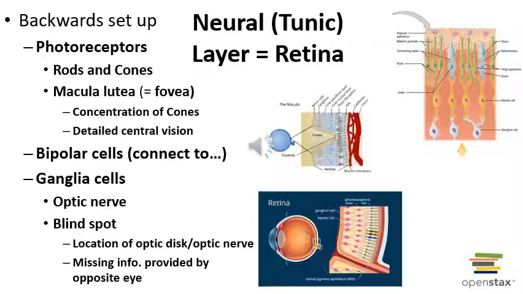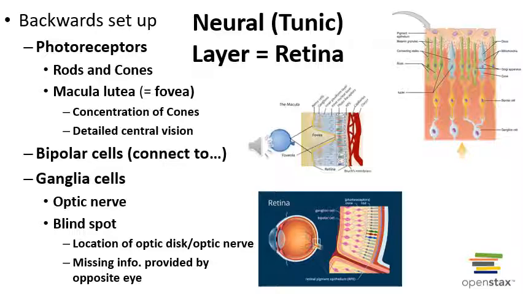Now, there is a place on the retina called the macula lutea. And the macula lutea is what makes our vision so acute as far as our ability to discern color and our ability to discern detail. And it's our vision found smack dab in the center. So right now I'm looking at my computer screen, and if I'm looking straight ahead, I see very accurately the illustration of the eye, the illustration of the retina, and all the little labels.